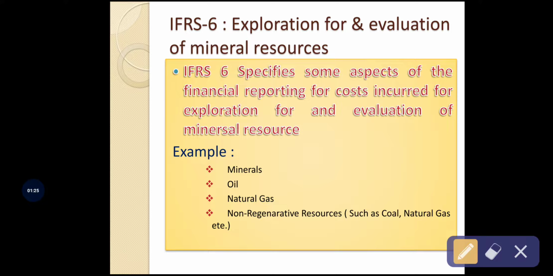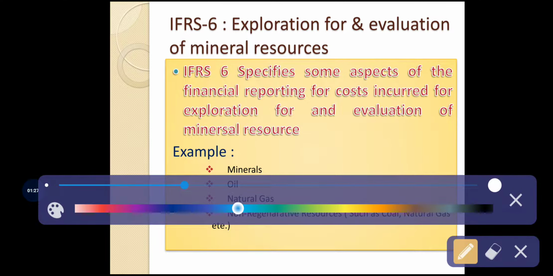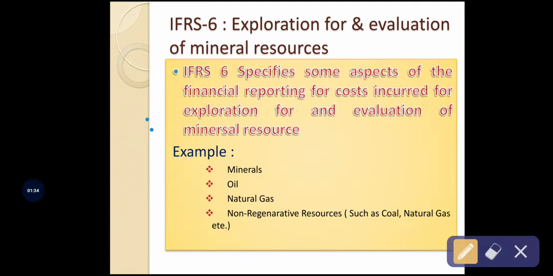IFRS 6 completely deals with the exploration and evaluation of mineral resources. It gives the guidelines, accounting conventions, rules and regulations in connection with the exploration for and evaluation of mineral resources.